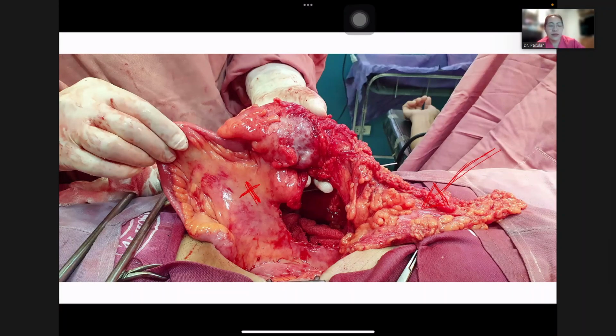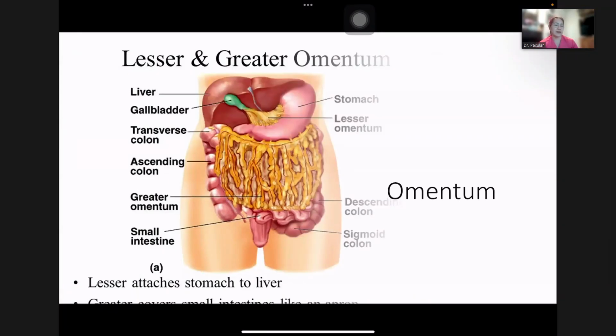Okay? So the greater omentum, ito yan, lesser and greater omentum. So the greater omentum is a prominent four-layered peritoneal fat that hangs down like an apron. Why? Because you can see your stomach, it has its own mesentery, right? And your transverse colon also has its own mesentery. But then as the mesentery hangs down, it fuses with the transverse colon's mesentery, making them four-layered, forming the greater omentum.